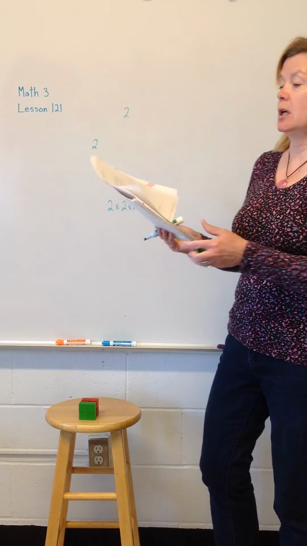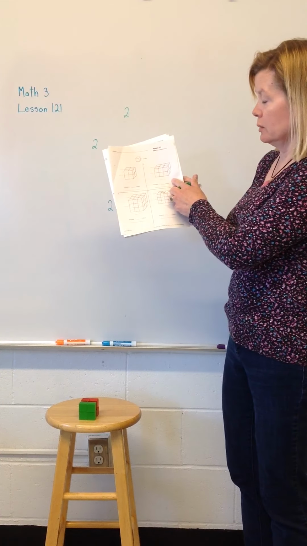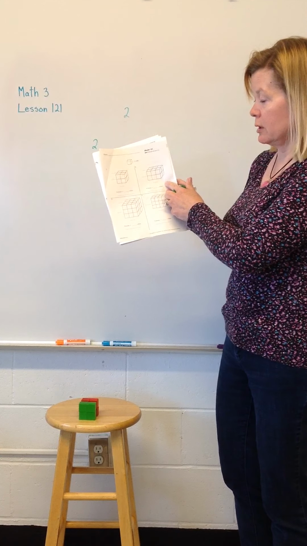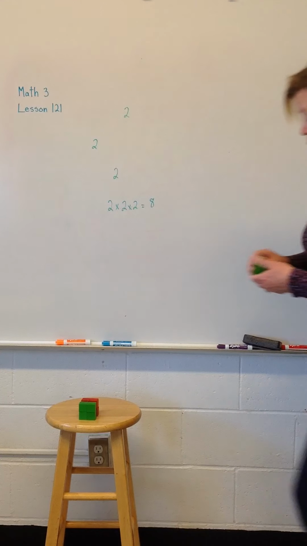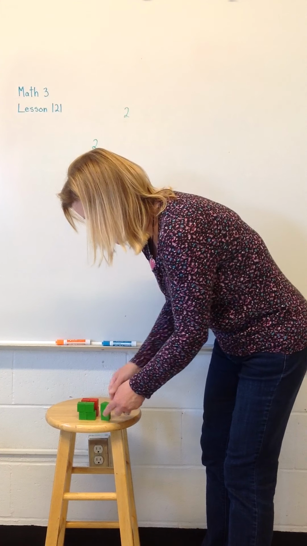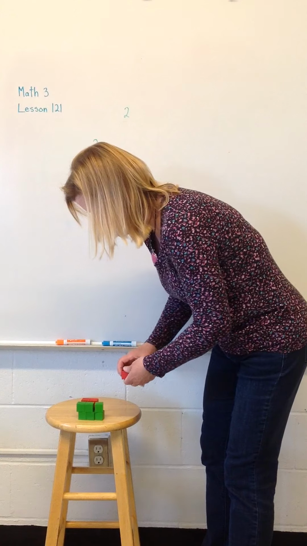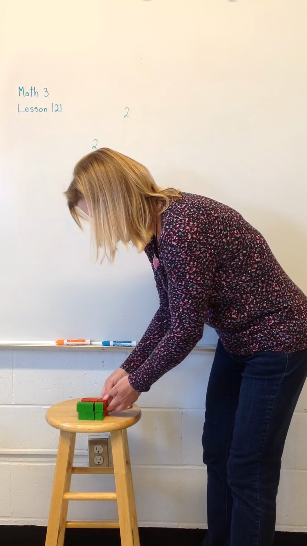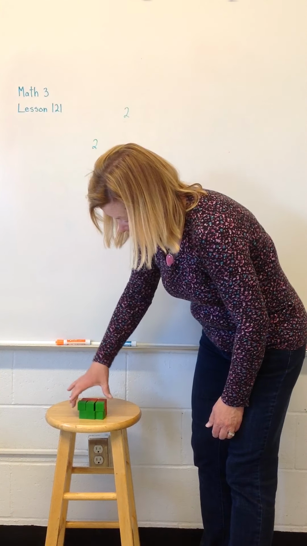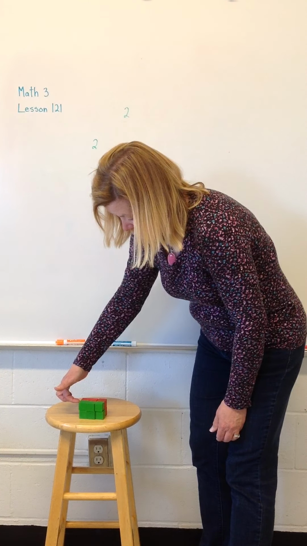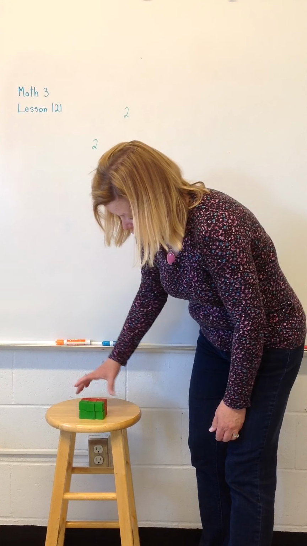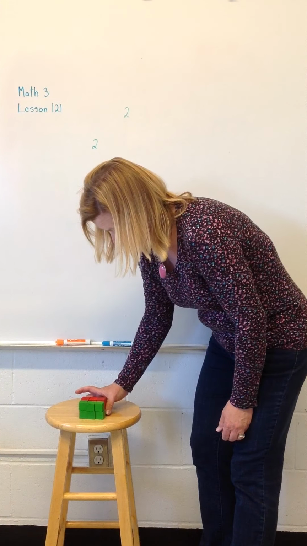Okay, let's move on to box 2. I need to grab a few more cubes, and then we can get started. Okay, so this rectangular prism has, remember, 2 rows, 2 in each row, and it has 2 layers.